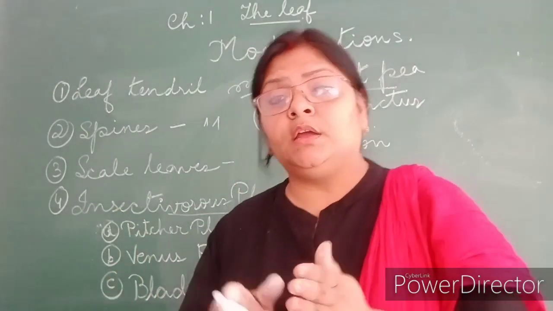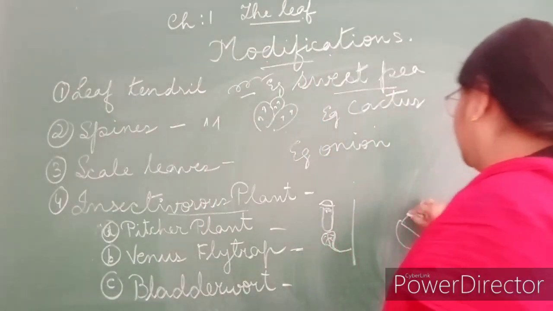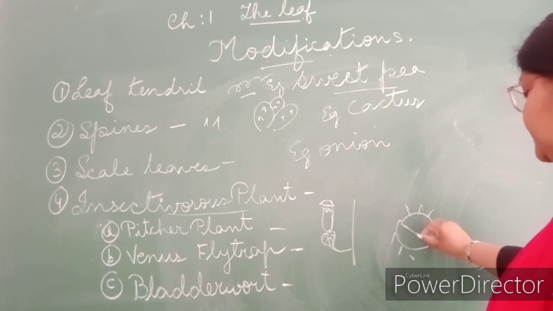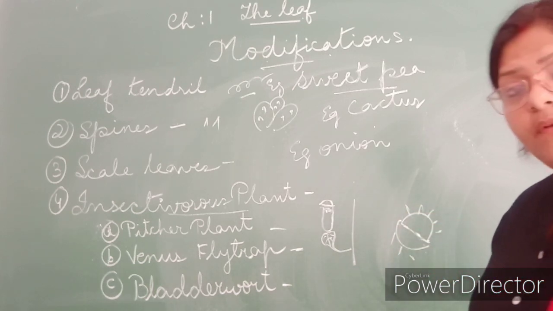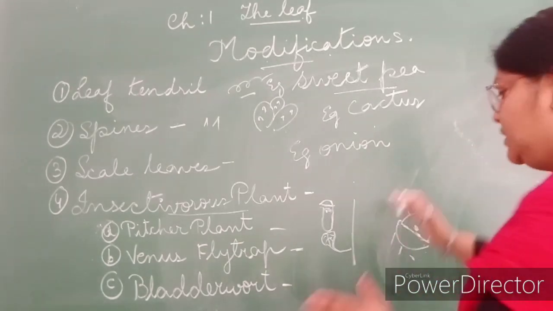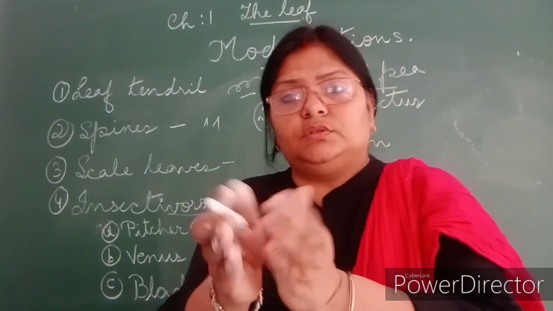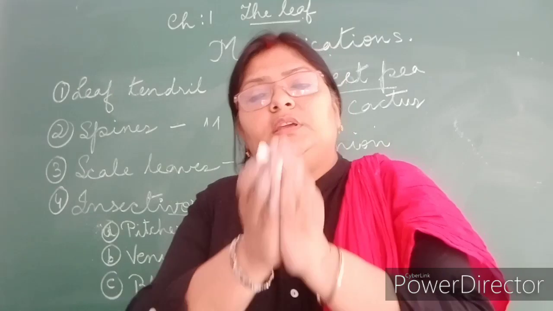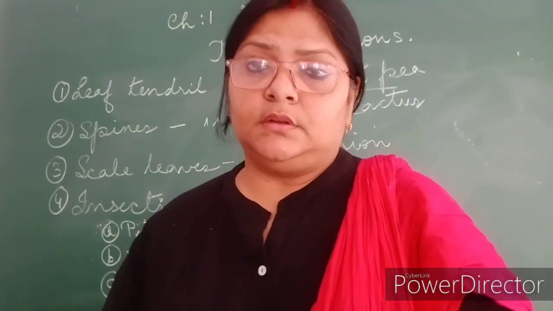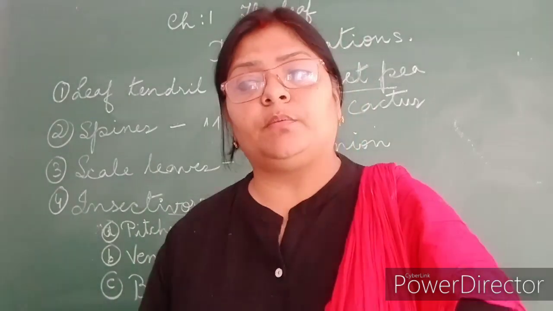So these are the hairy structures, and this is the hinge-like structure that the midrib is modified into. If by any chance an insect comes and sits on it, it closes. As you close the door, the leaf closes. Then digestive juices are secreted, the insect gets dissolved and the nitrogen is used from it.